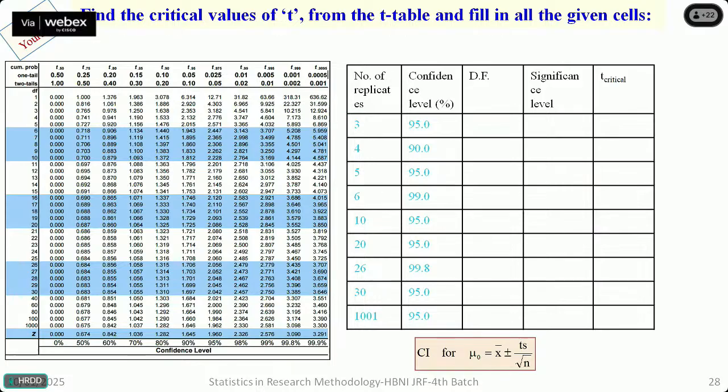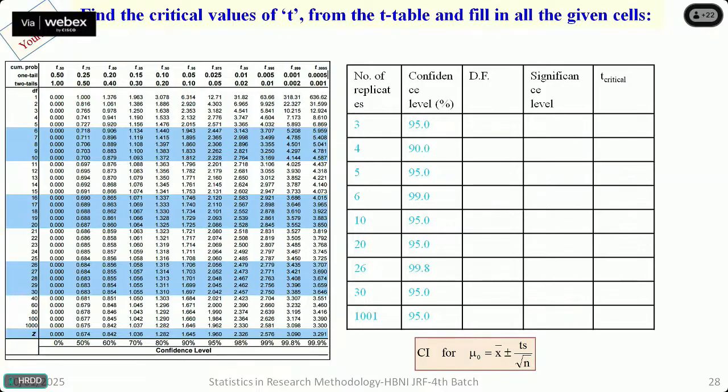If the table is not visible to all of you, let us try to do only one. Confidence level of 95%. You can start from the lower part, 95%. Nowhere is it mentioned whether it is two tail or single tail.